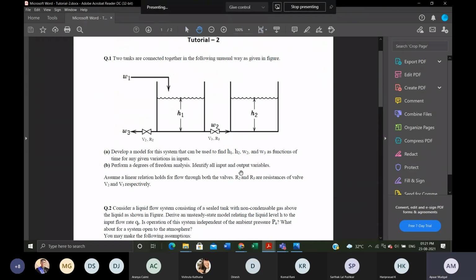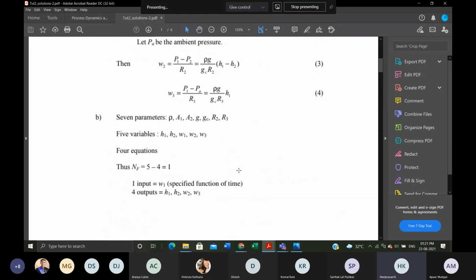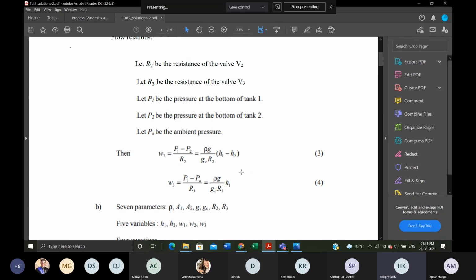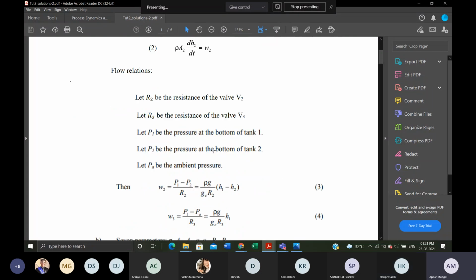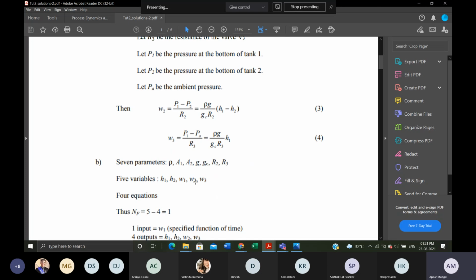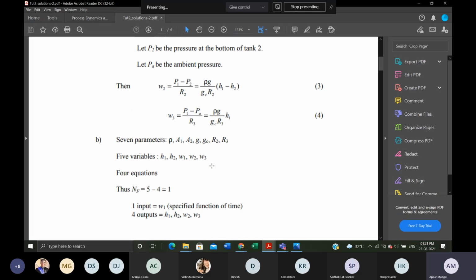Do you have any doubt in this? Any questions so far? You can keep the solution there, and if you have any questions, let's discuss that. Using the conservation of mass, you can derive these four equations, which is very simple. We know that there are five variables which are changing and seven parameters which are constant.